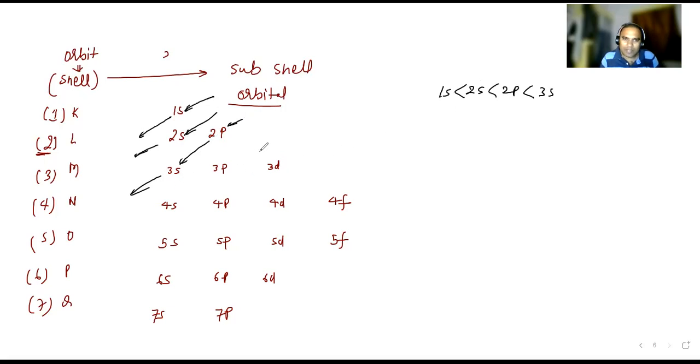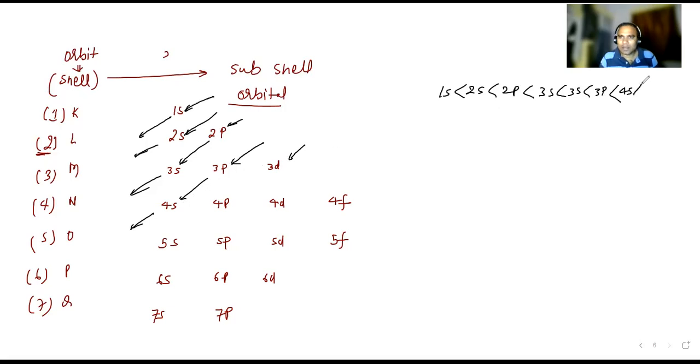After 3s, which one is coming? 3p, then it will come 4s.